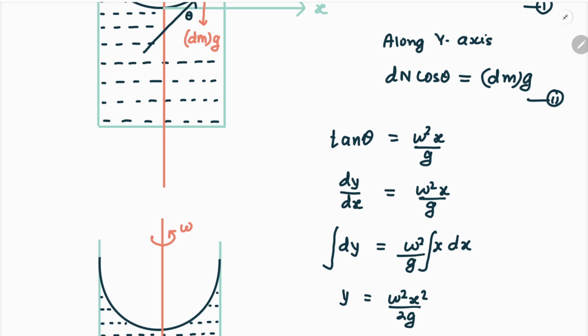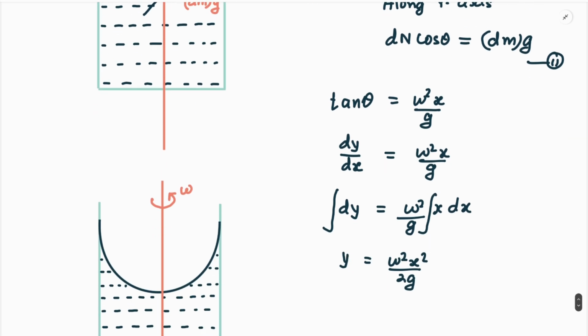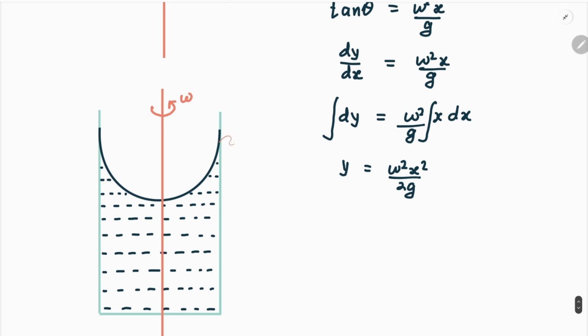Now in the second part, it is asking the water pressure distribution over the bottom of the vessel along its radius. So along its radius, that is at a distance r. If I again select the point which we selected over here, point P, at a distance r, and we have to write pressure over here at the bottom of this vessel, then the pressure at the bottom of this vessel is to be calculated.